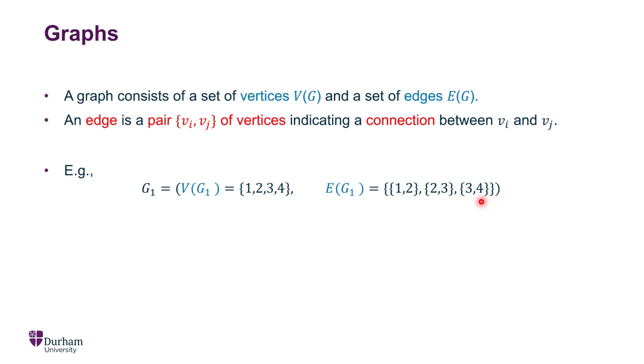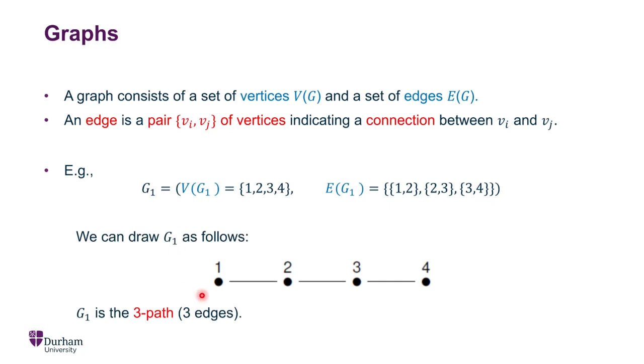We can actually visualize graphs, and it's much easier to understand their structure by drawing points as vertices and lines as the edges. So here, this edge 1, 2 corresponds to this line here. And what you can see here is what we call the 3 path.